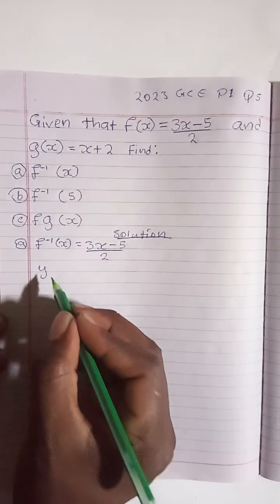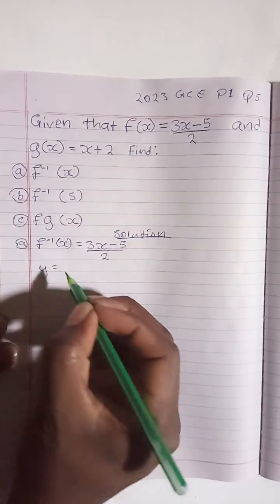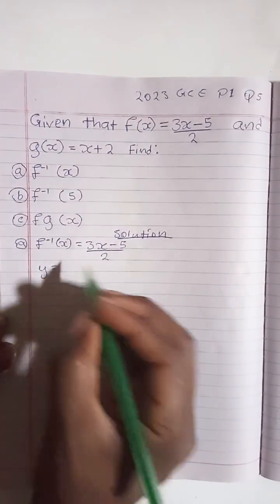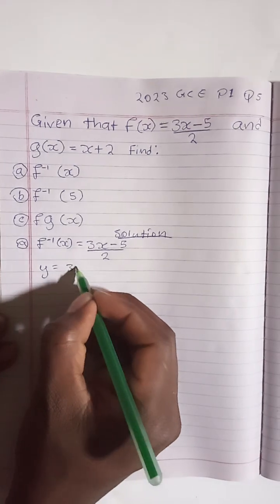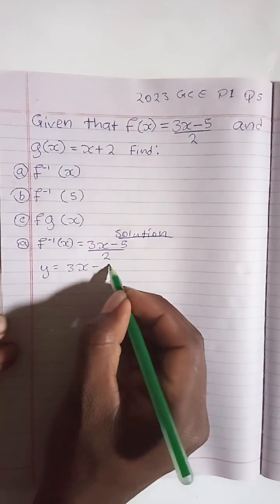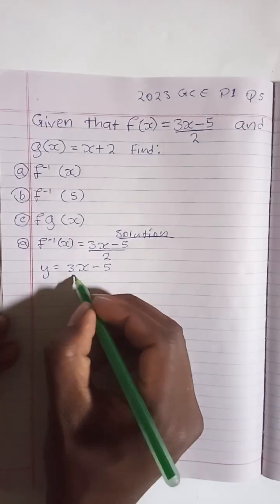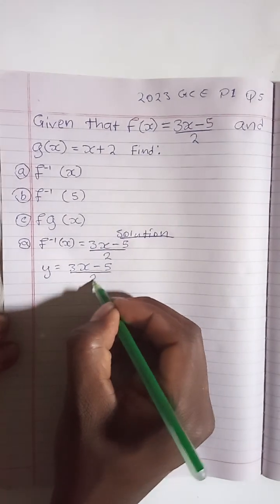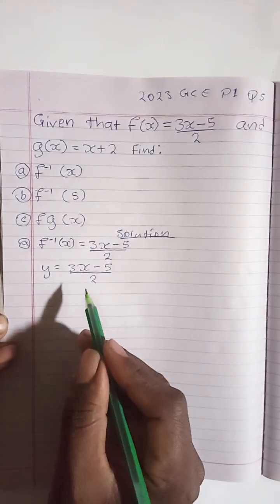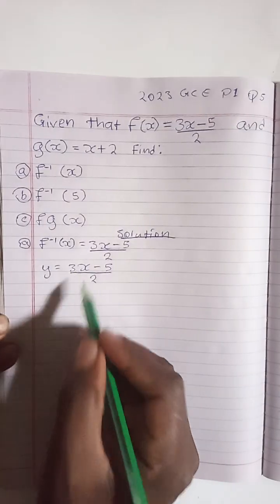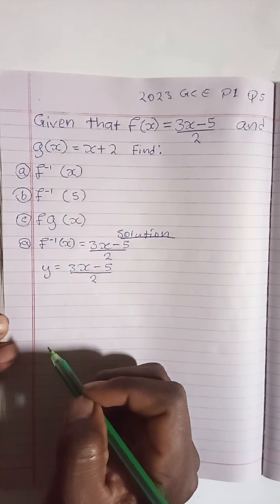So here it will be y is equal to (3x minus 5) over 2. Now here we have to make 3x the subject of the formula.